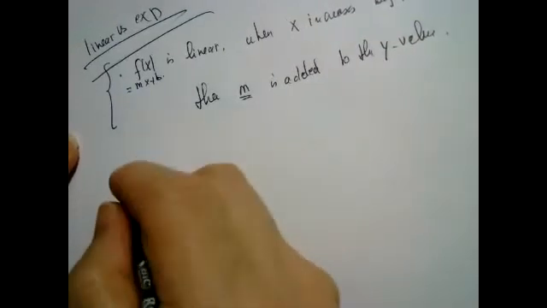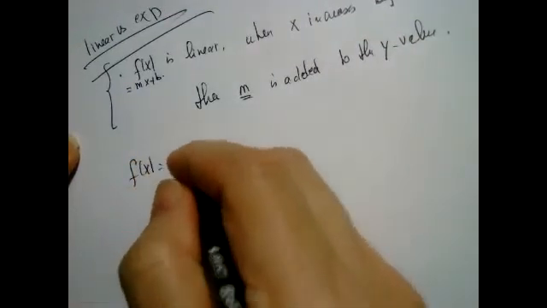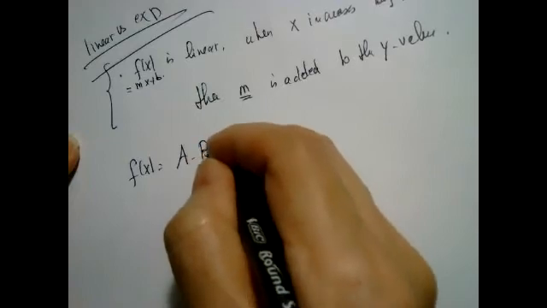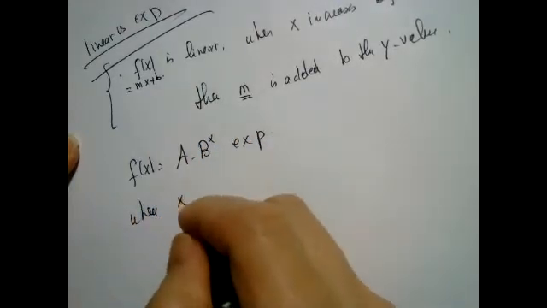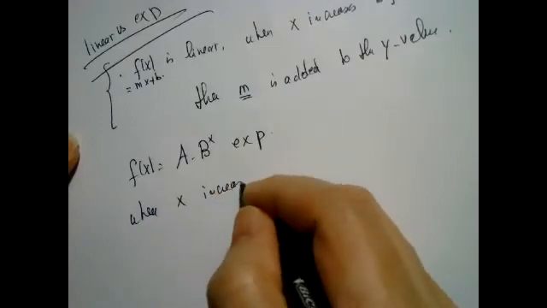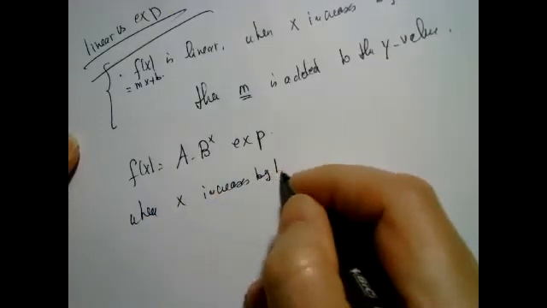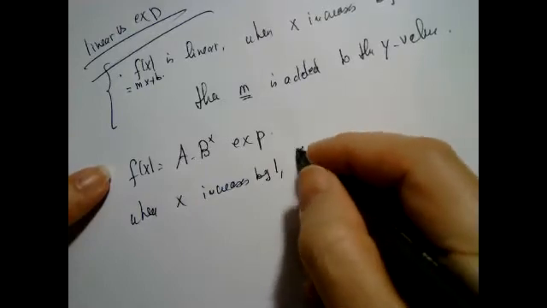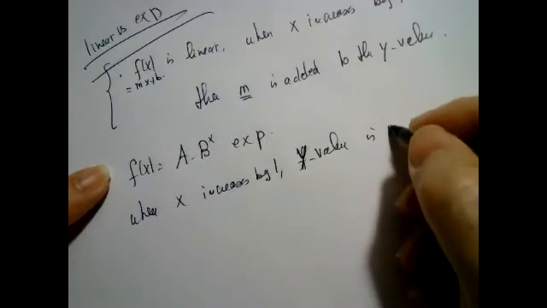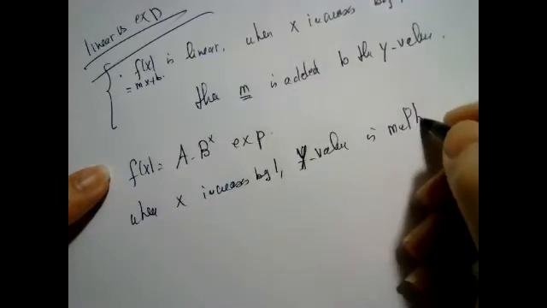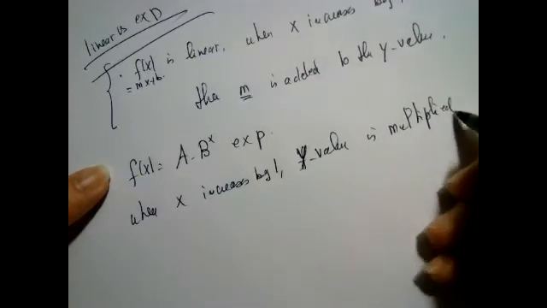If it's exponential, b to the x, it means when x increases by 1, the output, f of x, the y value, is multiplied by b.